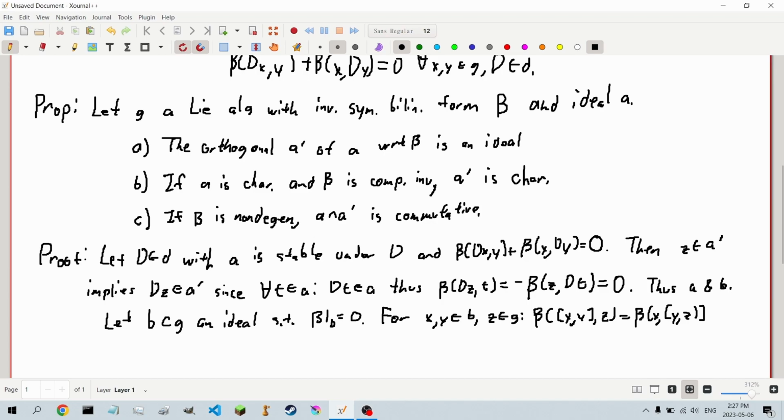But x is in B by assumption, and y bracket z is still in B because y is in B and B is an ideal. Since the restriction, which means beta is acting on two elements of B, which is what I meant by this restriction to B, I guess it should be B times B, it is 0.